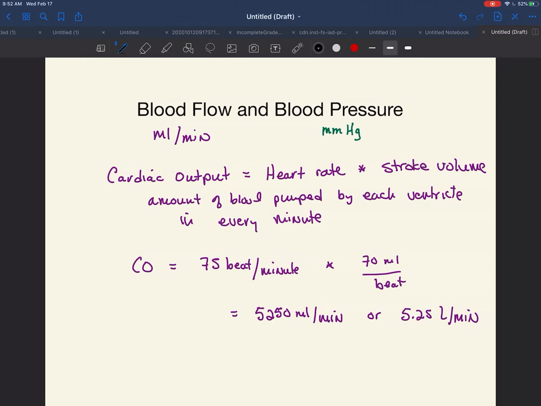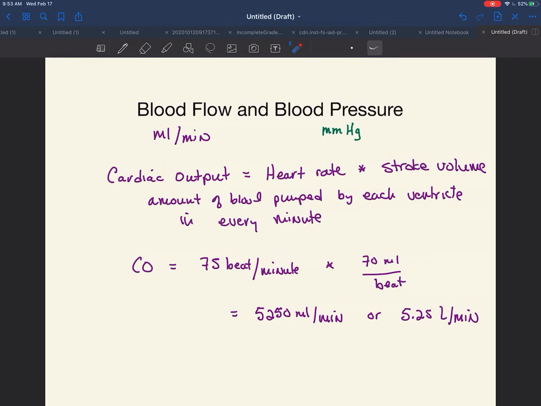Cardiac output is defined as the amount of blood pumped by each ventricle in every minute. We could calculate this at rest: 75 beats per minute is the heart rate, and then there is the stroke volume. Stroke volume depends upon a variety of things, like the amount of blood coming back to the heart as well as how forcefully the heart contracts.